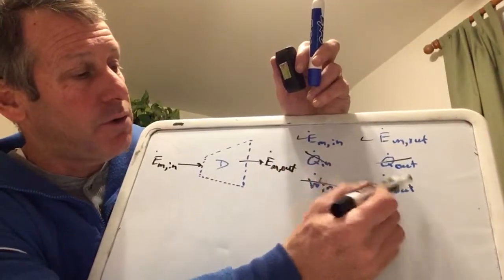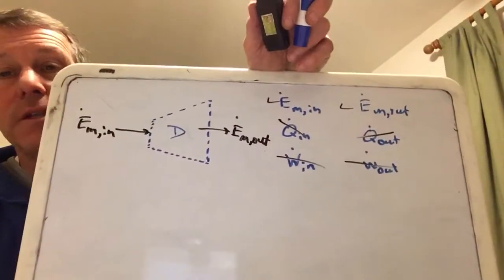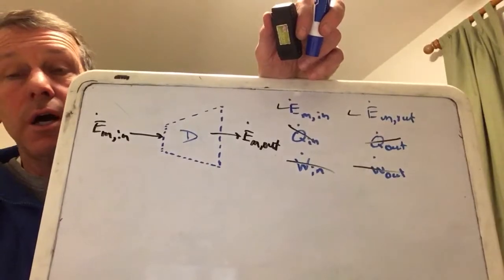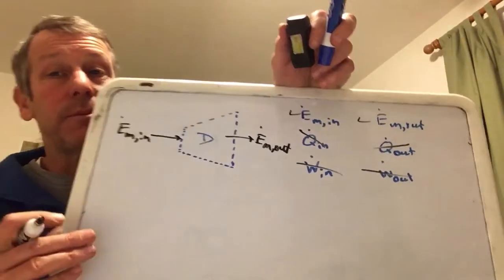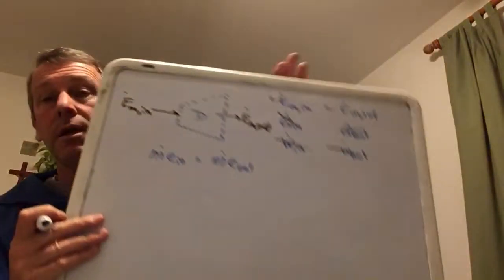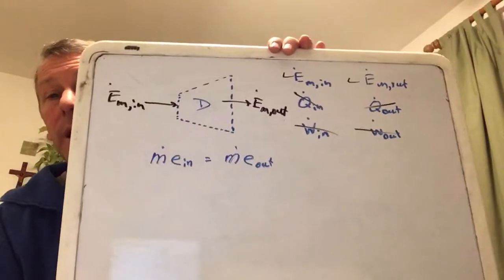Okay, so our first law basically just has two terms, mass flow in and mass flow out. Let me go ahead and write the next line. What would that look like? Okay, m dot E in is equal to m dot E out.